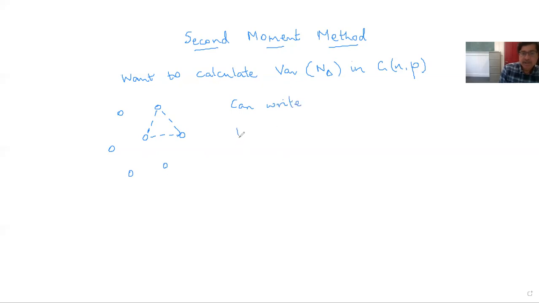So we can write the number of triangles as the sum over all triangles in the complete graph, which are numbered in some way, of the indicator that this particular triangle TI is present in GNP.